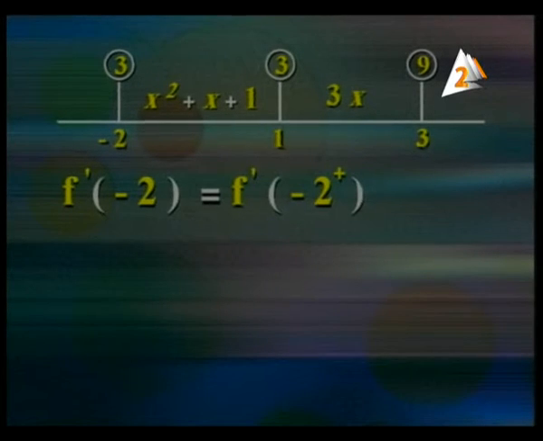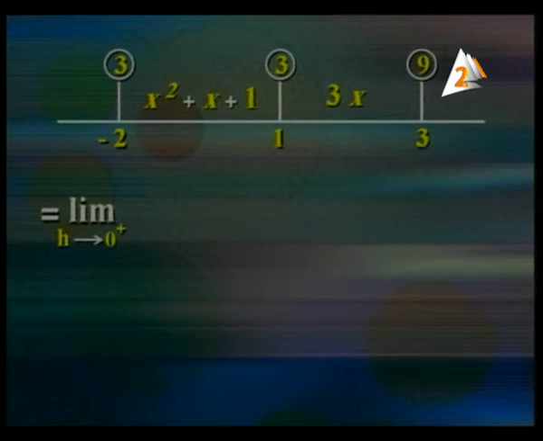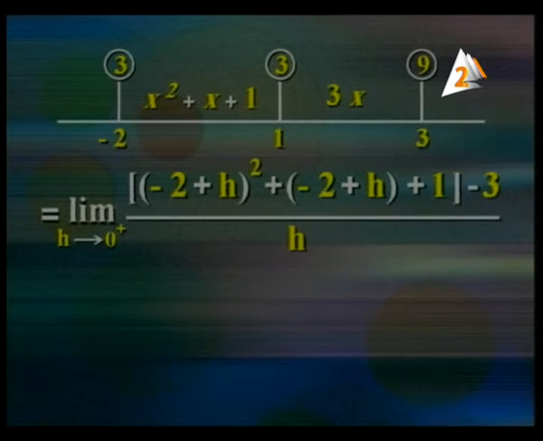F dash of negative 2 positive is the limit as h tends to 0 positive of f of negative 2 plus h minus f of negative 2 over h, which equals the limit of negative 2 plus h squared minus 2 plus h plus 1 minus 3 over h.